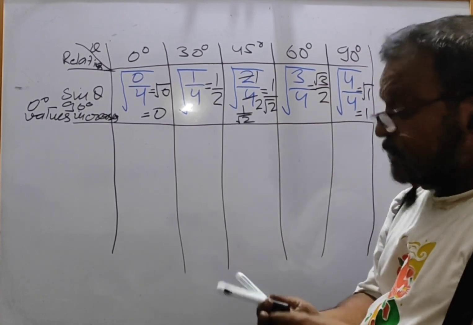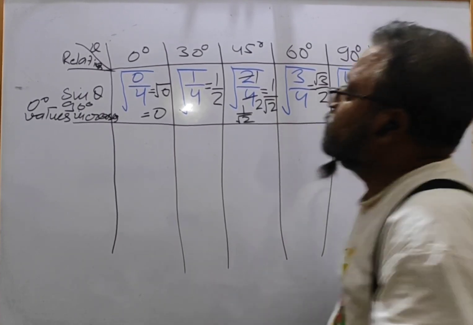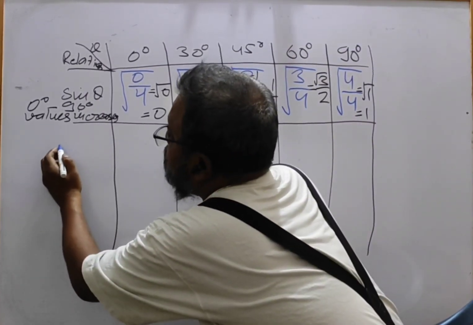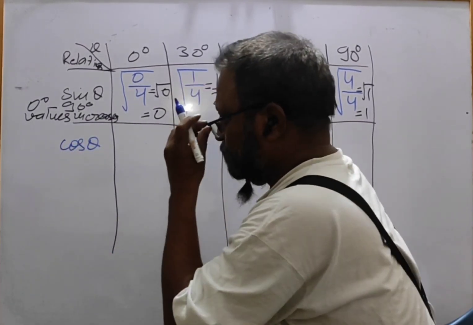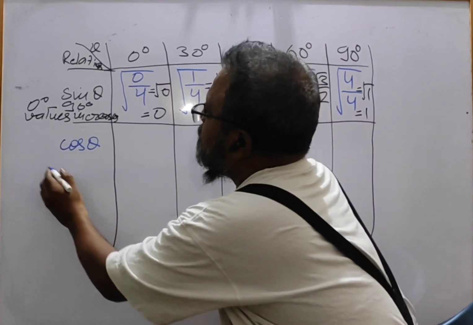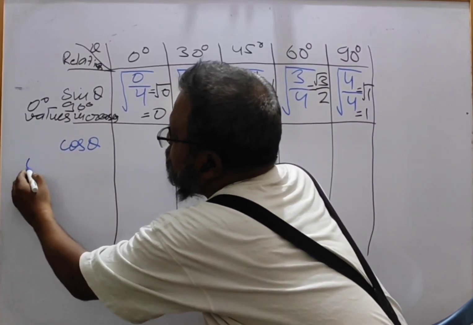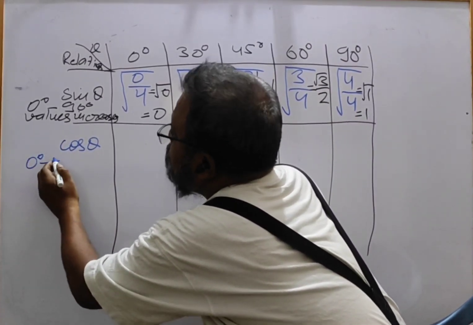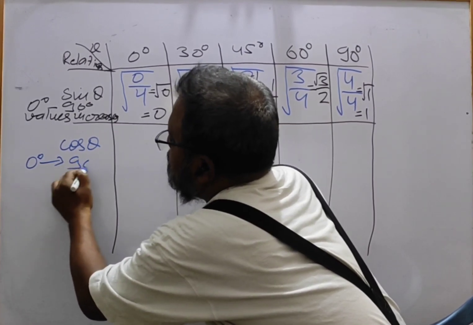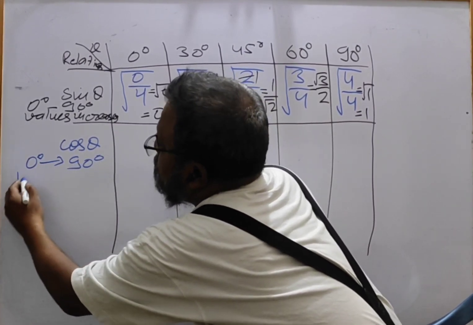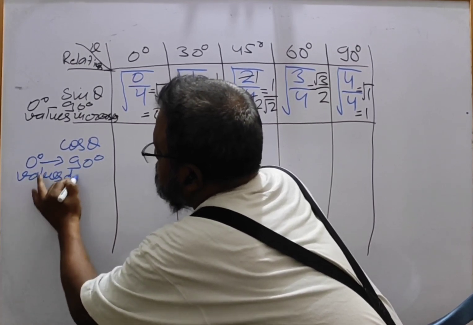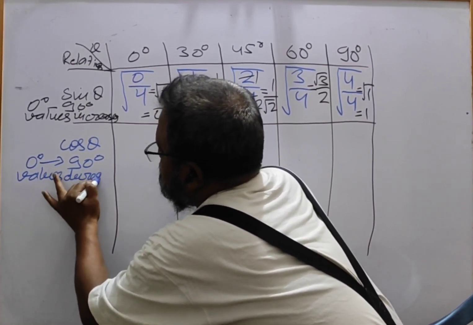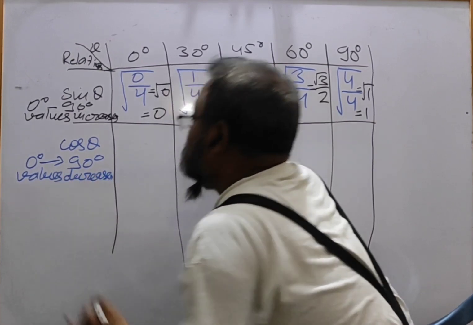Okay, very nice. Now we have cos theta. Cos theta, from 0 degree to 90 degree, values decrease.